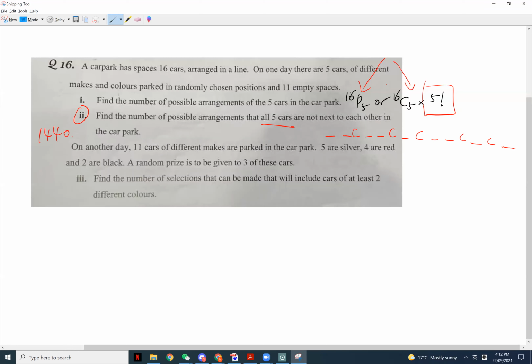Okay, I'll show you how I do this question. After arranging the cars in the car park, it's like 5 cars and 11 empty spaces.